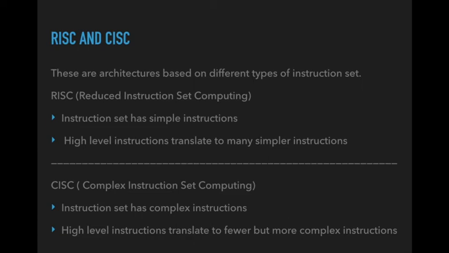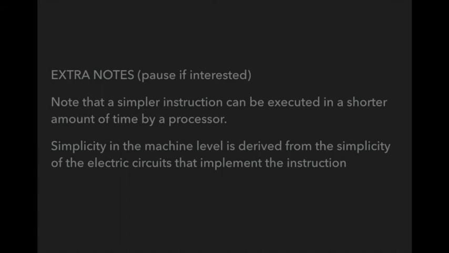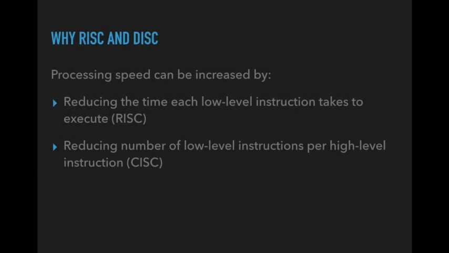So, for instance, in a RISC architecture, if I give a higher level instruction, it will translate to many simple instructions. But in a CISC architecture, the same instruction will be translated to fewer instructions, but they will be more complex. So why these differing techniques?